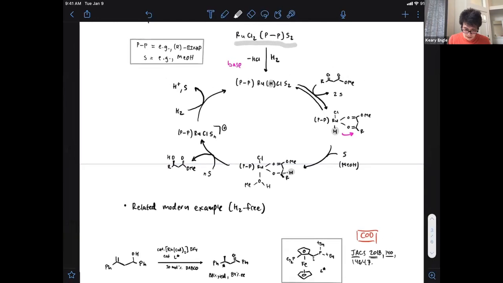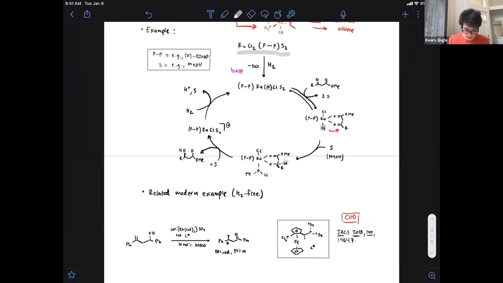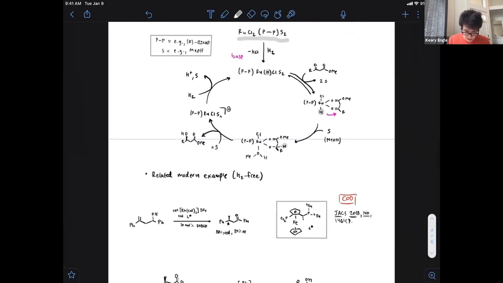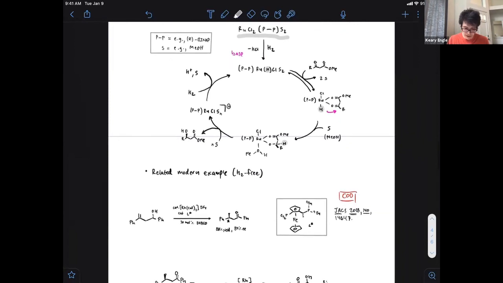So I'll zoom out. I'm going to go through this quickly, so I'll zoom out in case you want to jot that down. And we'll then take a peek at a related example from the modern literature that illustrates some of these same reactivity principles, but in what I think is an interesting way.